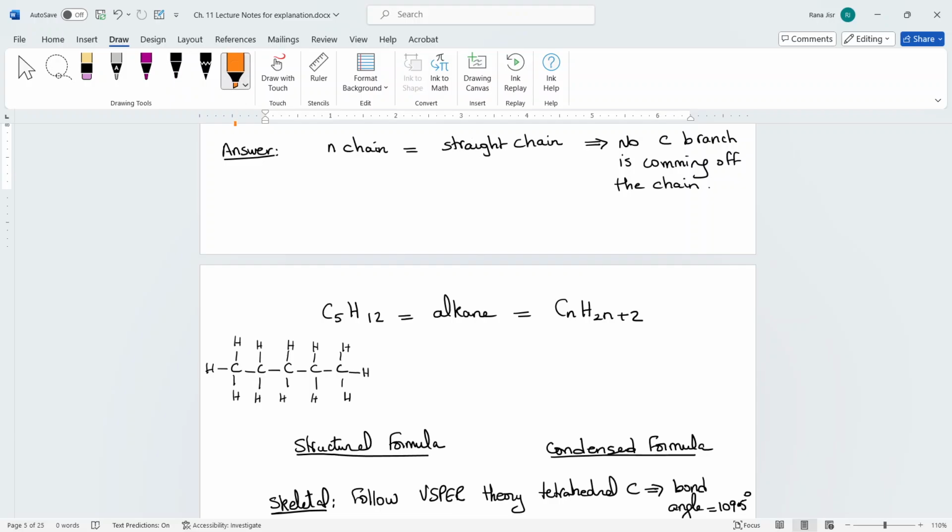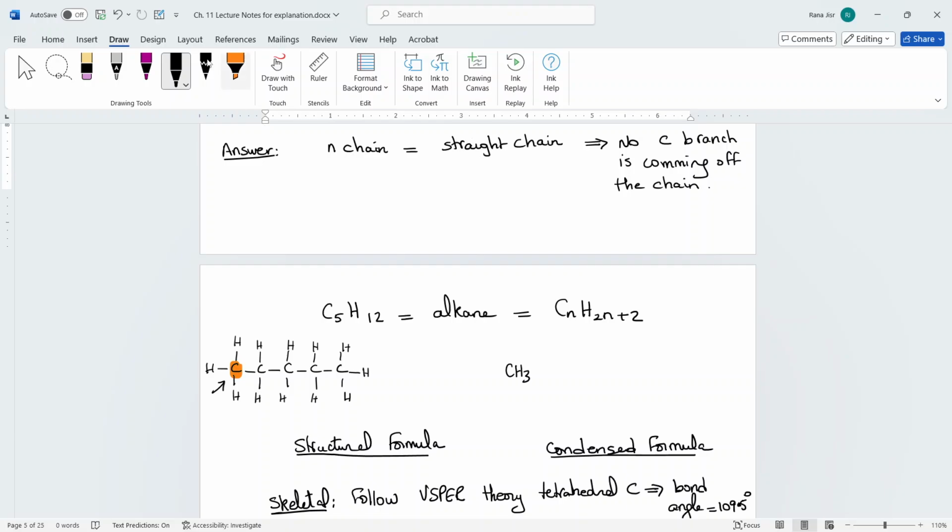Now for the condensed formula, I'm going to start from here and draw it. Notice that this is an n-chain. It is a straight chain, so this is why we call it an n-chain. There is no carbon coming off the chain. It's just a straight chain from the structure. To draw the condensed formula, I'm going to start from here and read it from here. So I have a CH3.